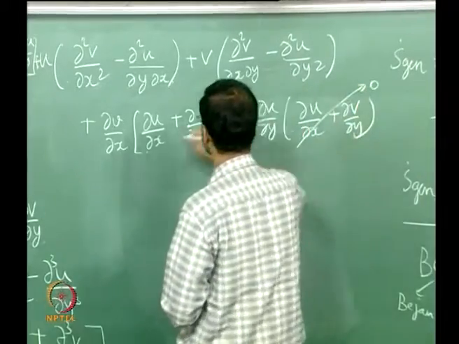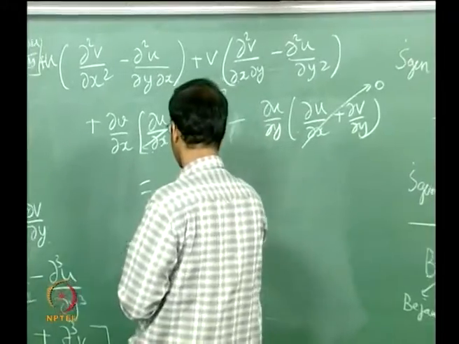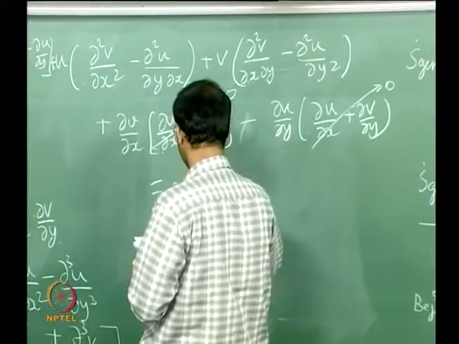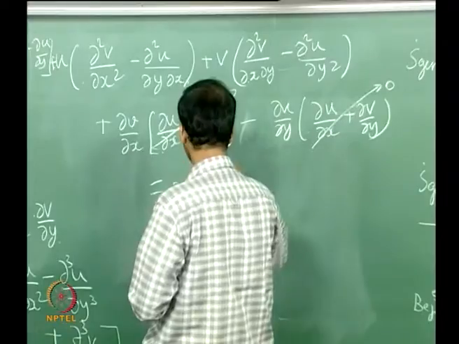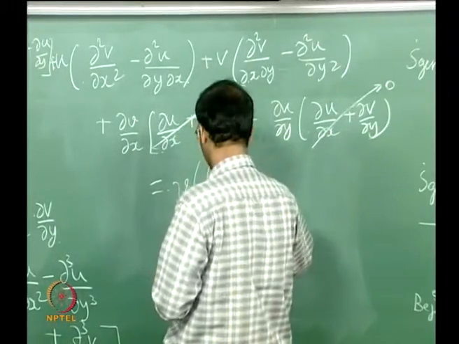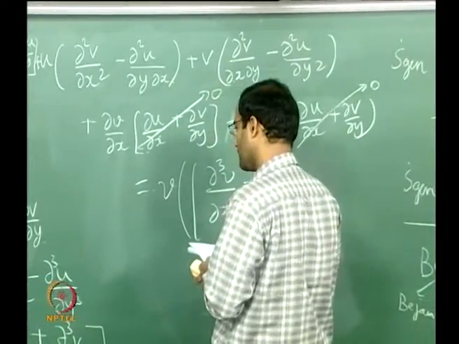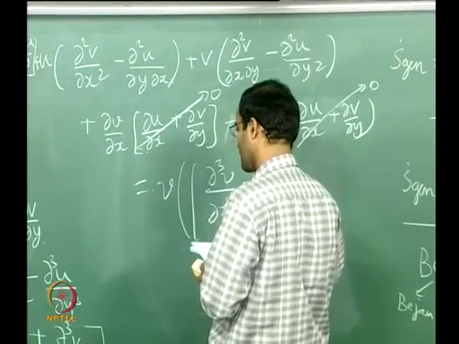So this goes, this also goes. On the right hand side I can just group them as d cube v by dx cube minus d cube u by dx square dy.